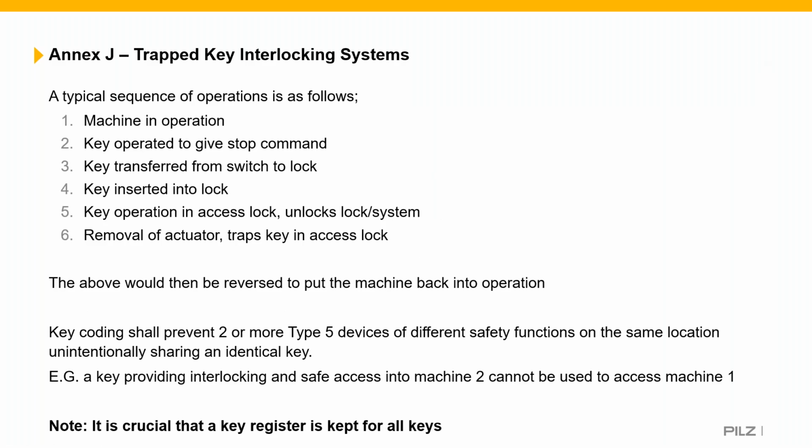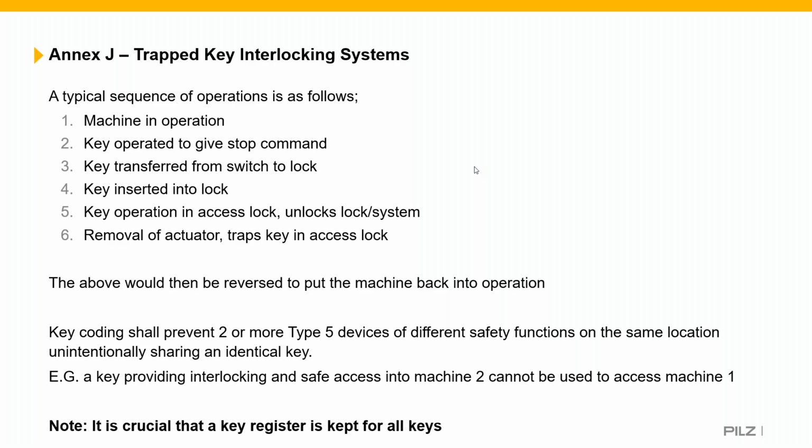There is in the standard a typical sequence that is given of how the general systems would operate. Initially, with the machine in operation, we operate the key, which initiates the stop command. We then transfer the key from the switch to the lock.